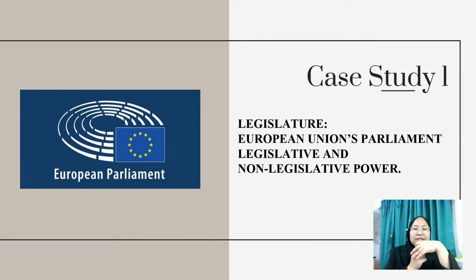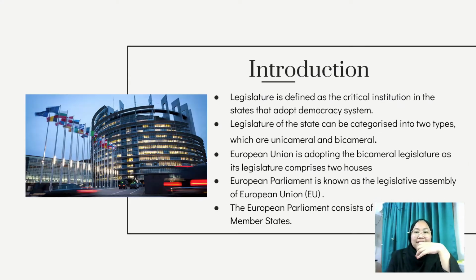Today I will be presenting case study 1. Case study 1 for our topic is Legislature: European Union Parliament legislative and non-legislative power. This is our introduction about what is legislature. Legislature is defined as the critical institution in the state that adopts a democratic system. The legislature of a state can be categorized into two types, which are unicameral and bicameral.